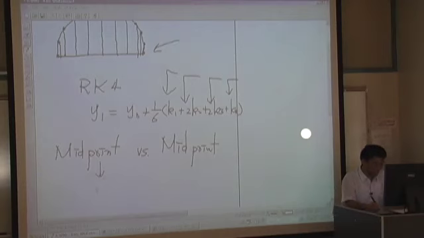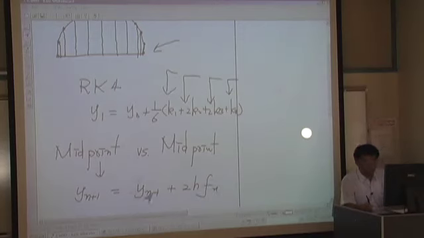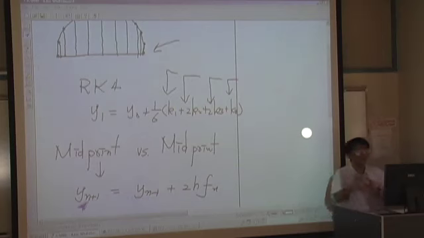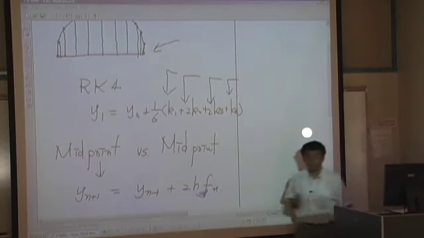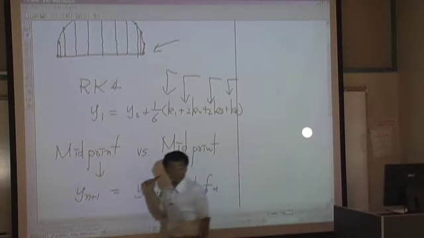This midpoint should not be used. It is using the previous step and the next step, skipping the current step. Do you follow me? So as you can see, the previous step and next step without the current step determines 2h times fn. It's reasonable to consider this kind of direction.